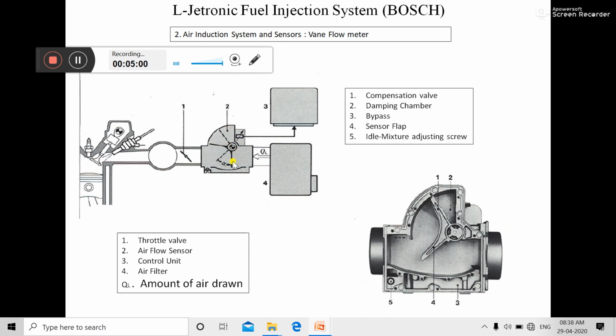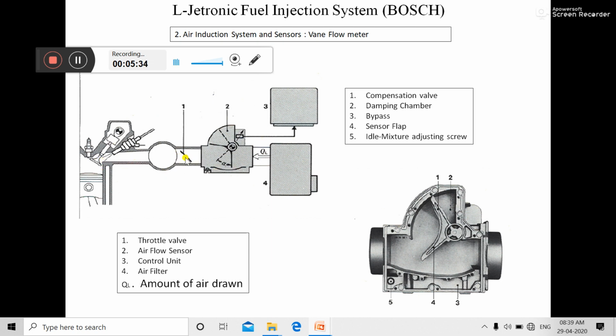This baffle plate has its own mass, so to damp that inertia, or that movement, it is loaded with a spiral spring. It's not that it lacks a damping provision, but that damping provision creates an error in conveying the throttle signal to the ECU.